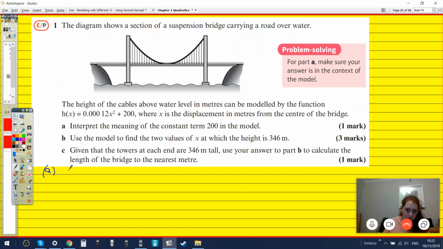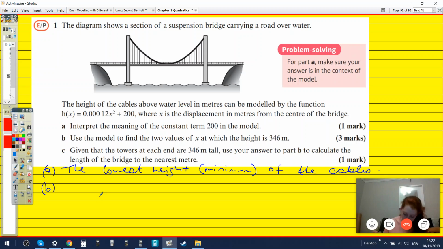Part B. Are we putting 346 into the equation where height is, and then solving it?